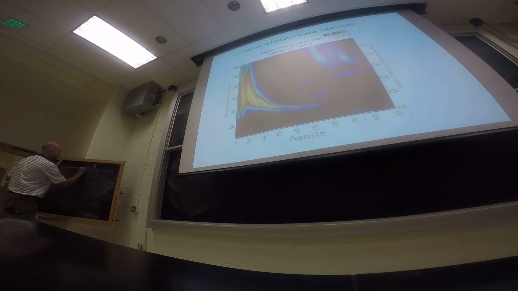so I've got a subsurface model, and I know that the shear velocity is about 250 meters per second down to 2.5 meters. And I know that I can only go down to about 17.5 reliably.